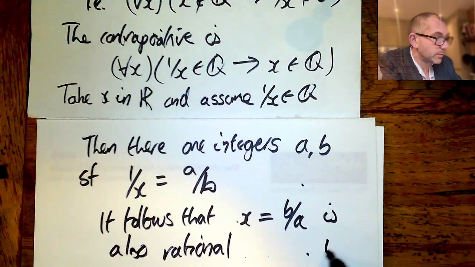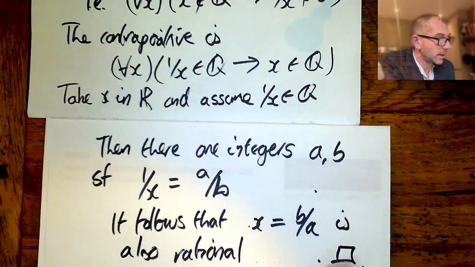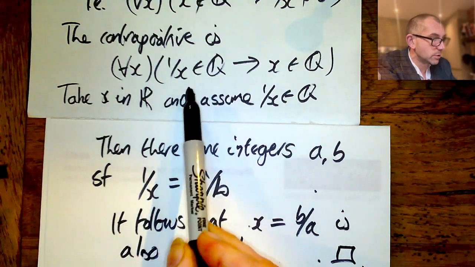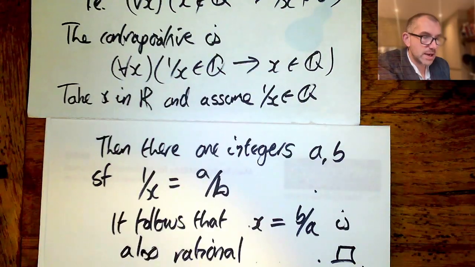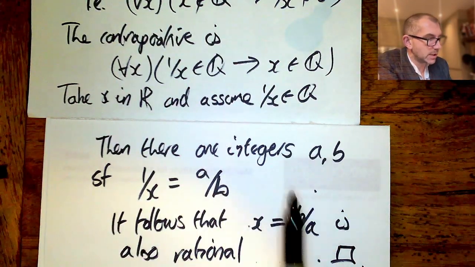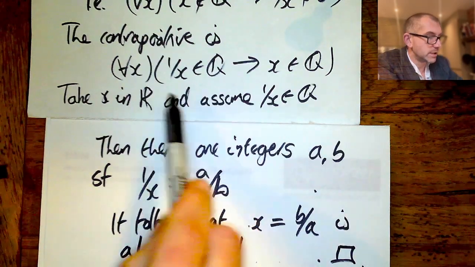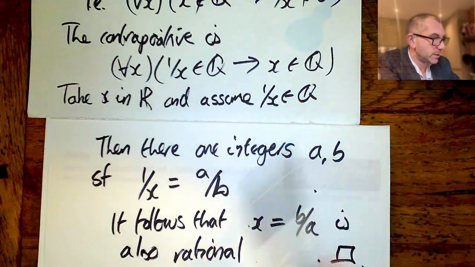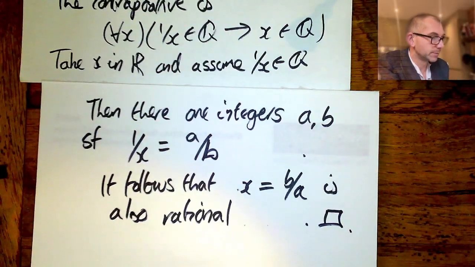And that's what we had to prove. So we're done. So the contrapositive in that case, the reason it was good is because as soon as you try to say something is irrational, it's like saying that there aren't any integers you can think of for which it's going to work. It's much better in this case to say, well, I can just fix the integers because it is in the rational numbers, and so I know I can then work with it. That's why that one works.